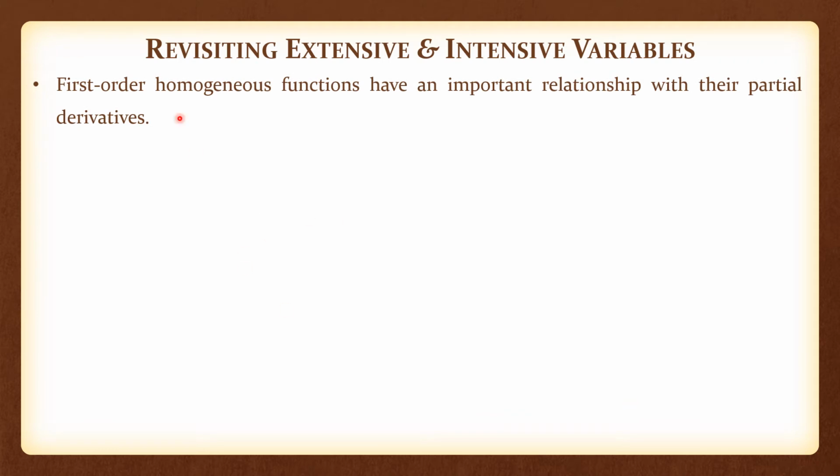Because of this specific nature of homogeneous functions of first order, they have an important relationship with their partial derivatives. Remember, we are going towards various extensive functions, extensive variables and intensive variables. So we have f of lambda x1, lambda x2, lambda x3, and so on, is lambda times f of x1, x2, x3.